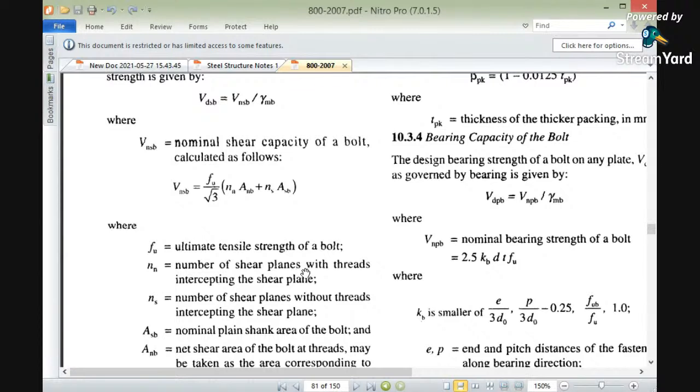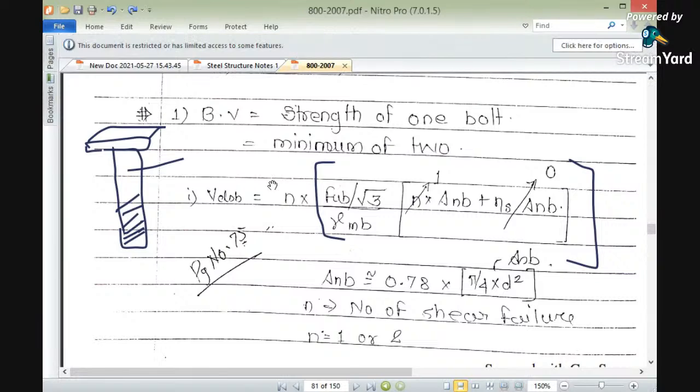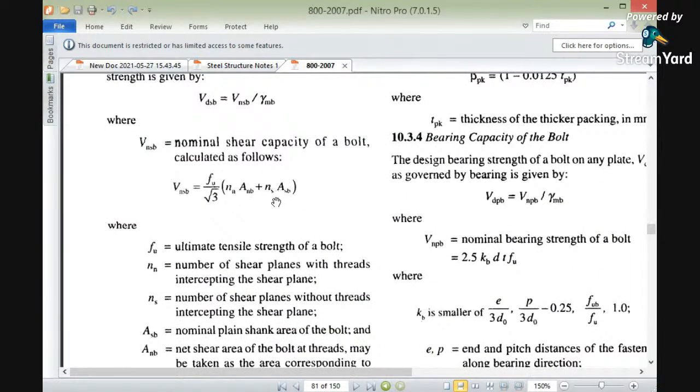What is nn? Number of shear planes with threads. That means threaded area. So we are considering there is no threaded area, only the bolt that has been tightened along the shank area. Sorry, this part we are assuming as 0. ns Asb, that means there is no shank area.